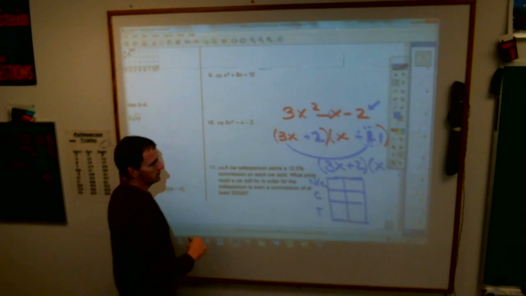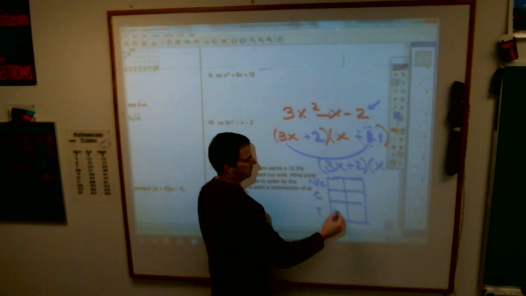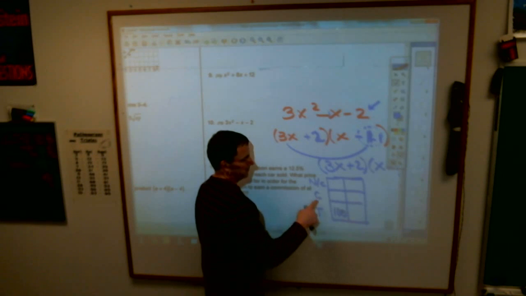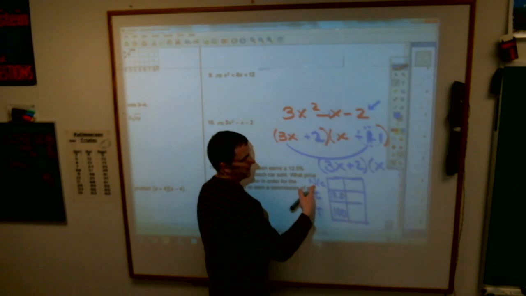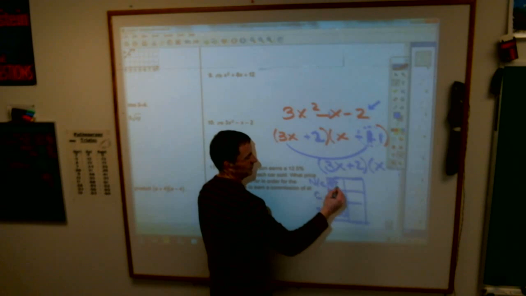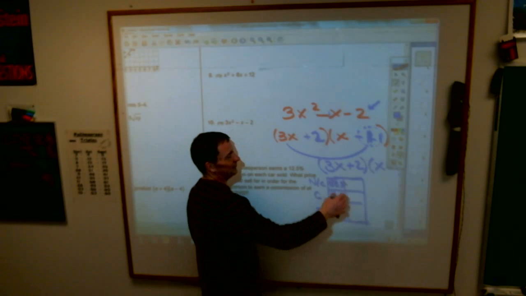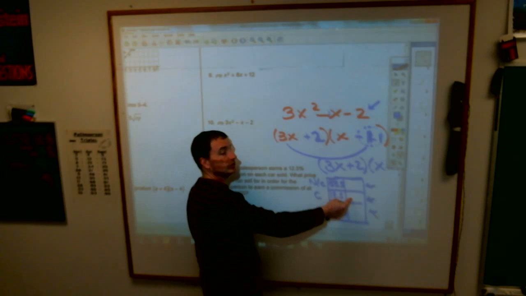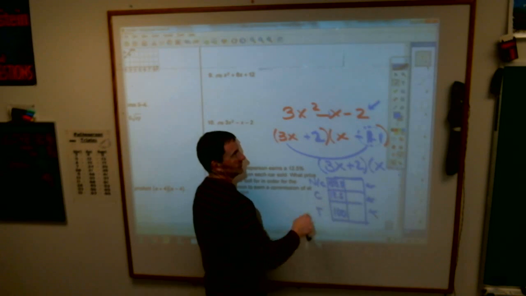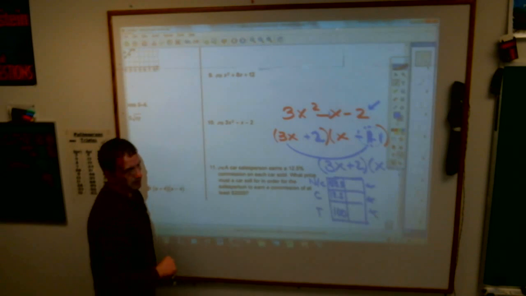Okay? The total price of the car is 100%, right? The commission is 12.5, so the not commission is 88.5. Now, which of these three boxes do you know? Do you know how much the car cost? Do you know what 12.5% is, or do you know what the not commission part was?